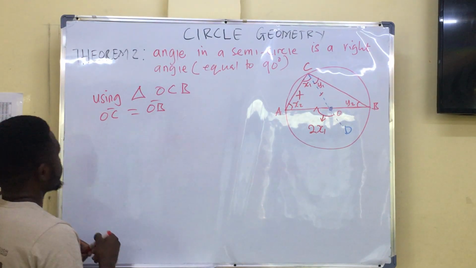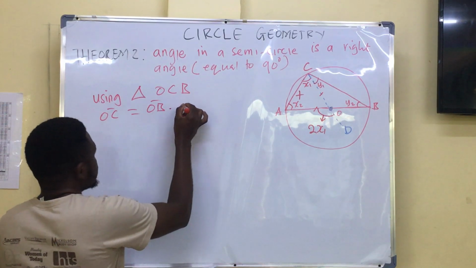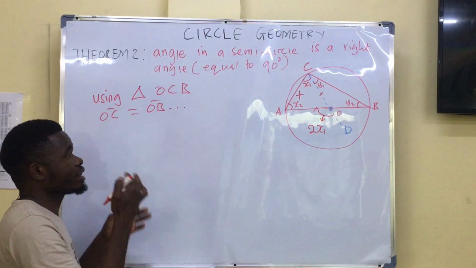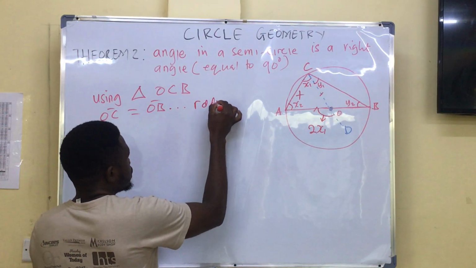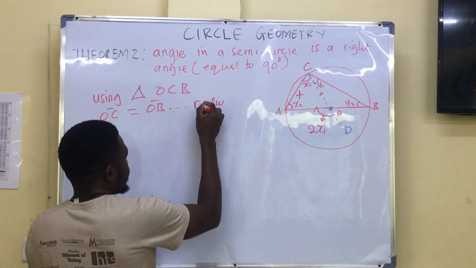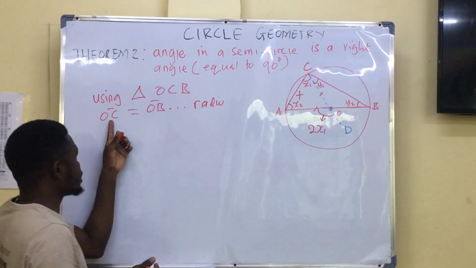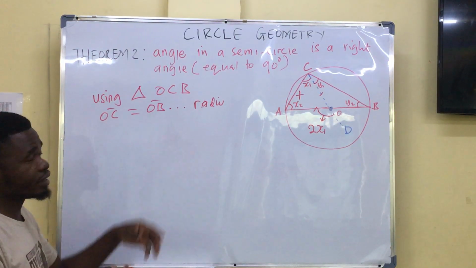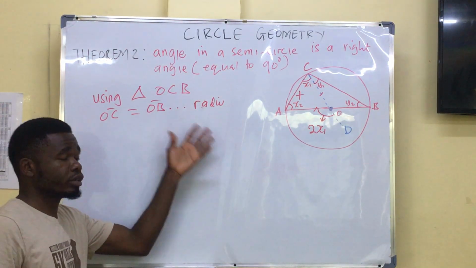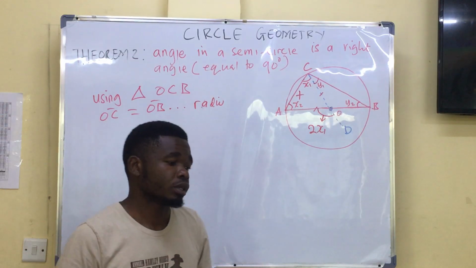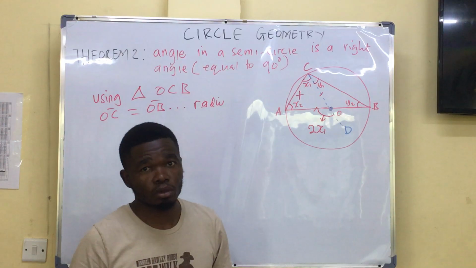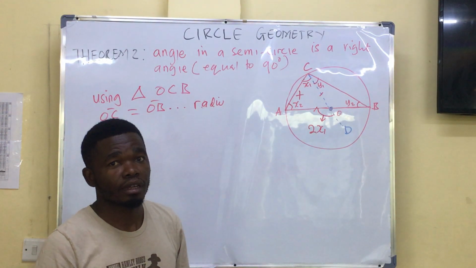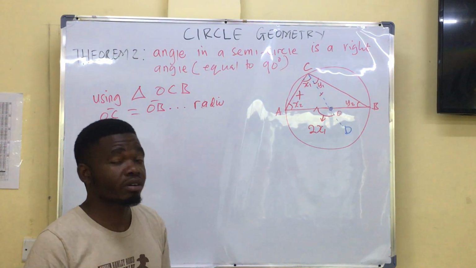So line OC and line OB have the same length. Reason: radii. Remember to put the reason, otherwise teachers will deduct marks when marking. You can't do something without a reason.